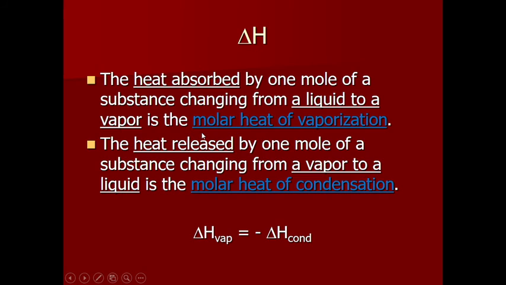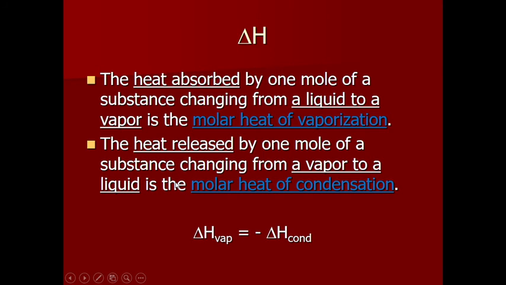In the third case, molar heat of vaporization is defined as the heat absorbed by 1 mole of a substance changing from a liquid to vapor. When 1 mole of a substance changes from a liquid state to a gaseous state, the amount of heat absorbed in that case is the molar heat of vaporization. In the fourth case, the molar heat of condensation is the heat released by 1 mole of a substance changing from a vapor to a liquid state.